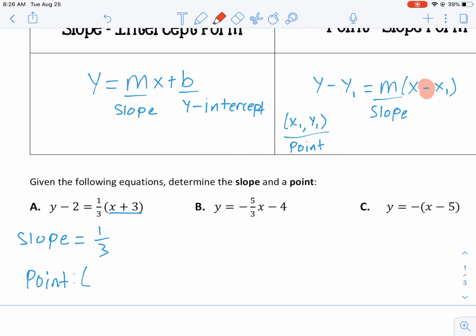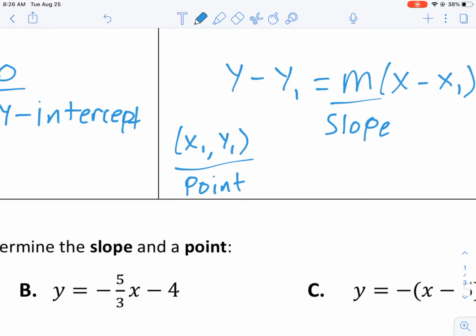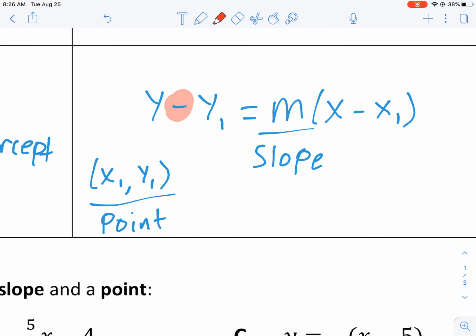Notice this negative sign. You're subtracting y1. Here, we have a positive sign. So what must we be subtracting in order for this sign to turn positive? We must be subtracting a negative. Two negatives make a positive. So your point is always going to be the opposite signs of what's going on up here. Notice up here, we have two negative signs.